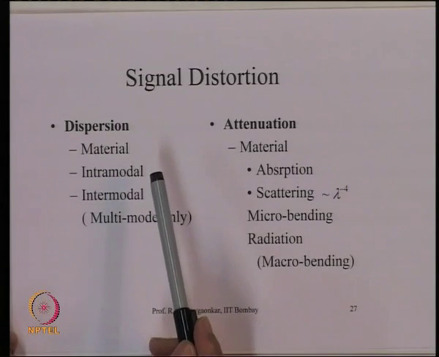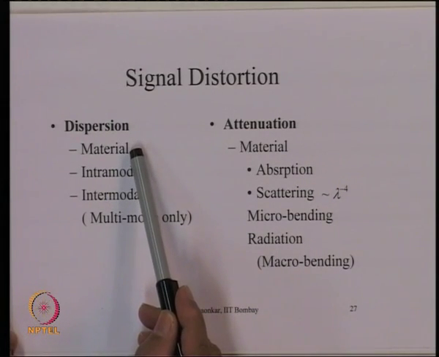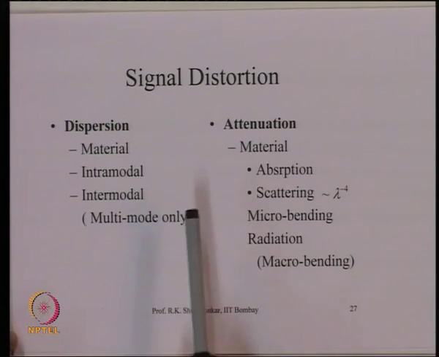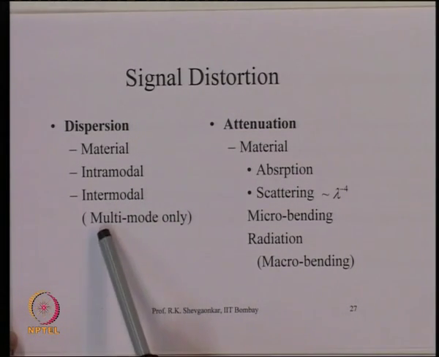If you take a single mode fiber, then obviously this phenomenon is not there. However, because of the finite bandwidth of the signal, as we saw, even the carrier itself has a finite bandwidth, there would be dispersion, and we will understand this a little more as we proceed further. So in general, inside an optical fiber, we have three types of dispersion: the material dispersion, the intramodal dispersion, and the intermodal dispersion, which is the same as the multimode propagation or multiple ray propagation.